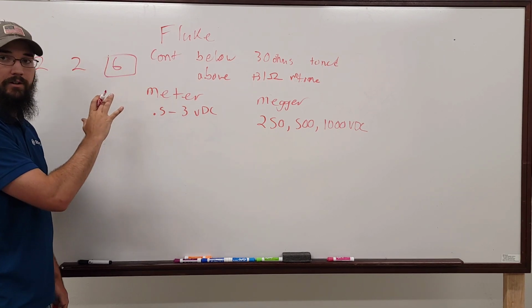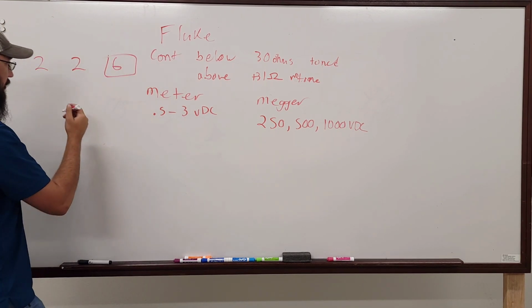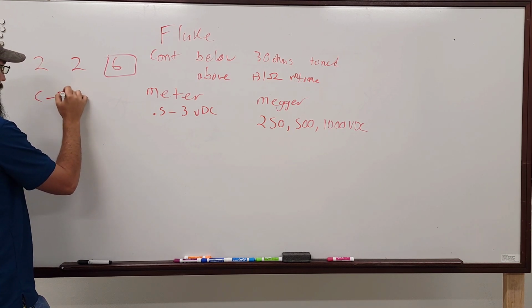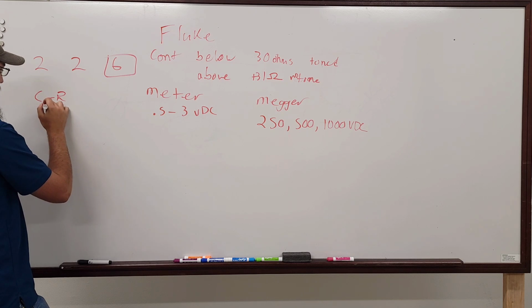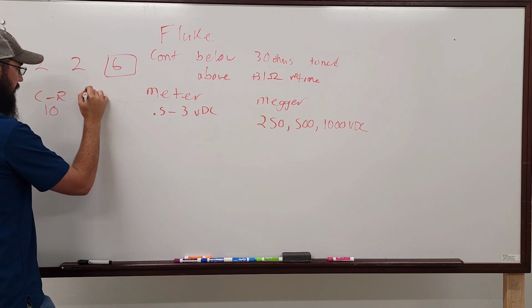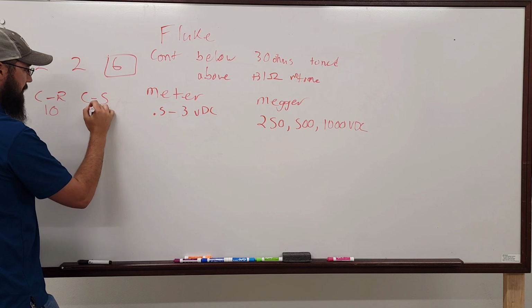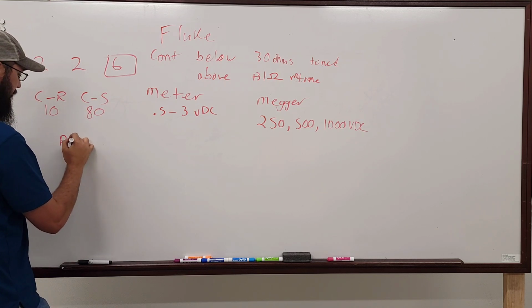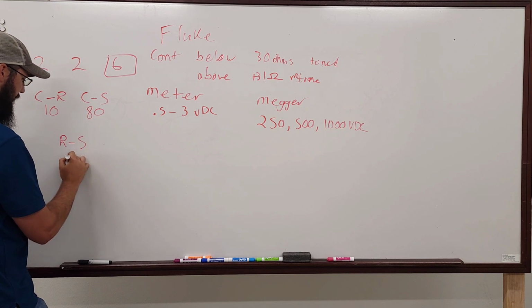Something broken here. Now on a single phase motor, your common to run may have, you know, 10 ohms. Common to start may have 80 ohms, and your run to start should have 90 ohms.